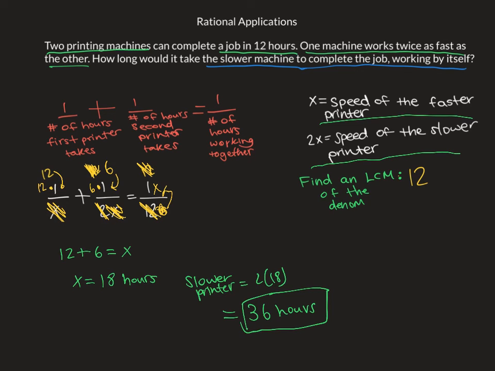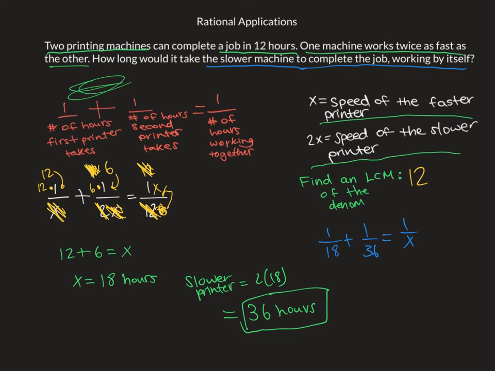Now we can check our work by plugging it back into our equation. So 1 over 18 hours for our first printer, which was our faster printer, plus 1 over 36. And just for checking purposes, we can put it over x because we don't know it.